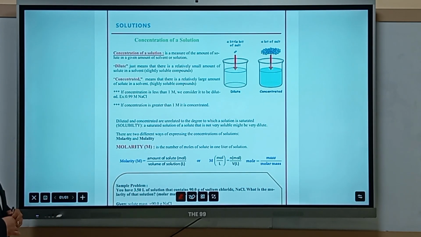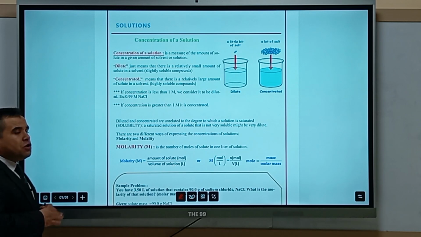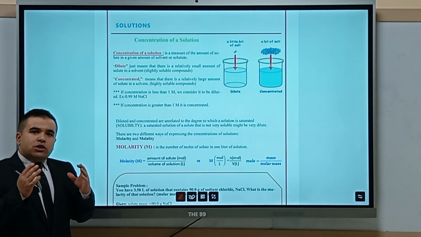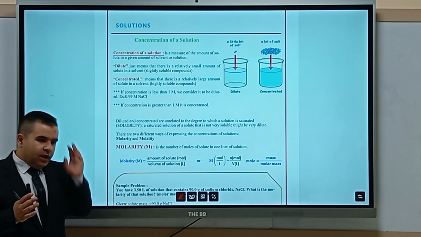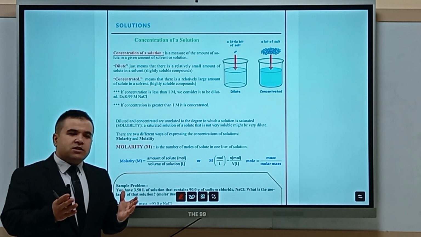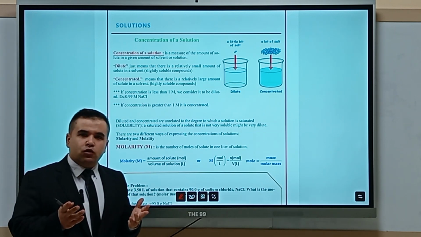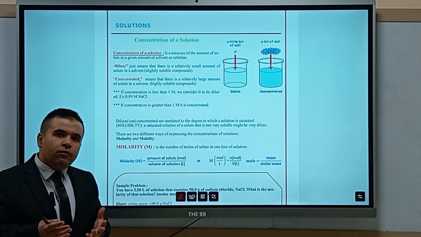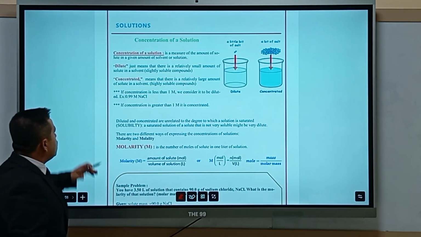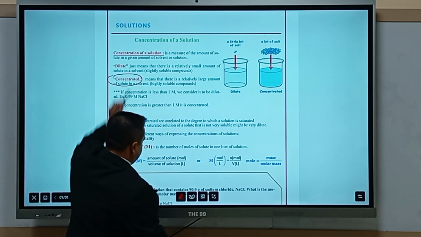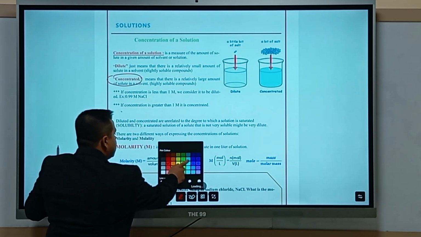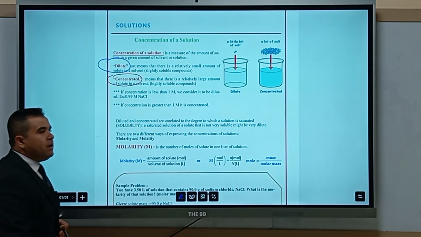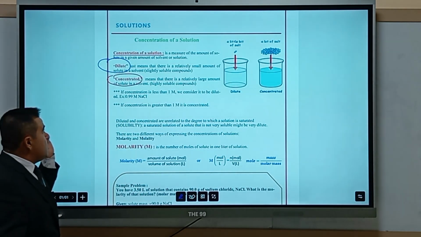So we have to introduce concentration. By concentration, we mean whenever there is a solution, it can be of 2 types: a solution which contains a high amount of solute, which we call concentrated, or a solution that contains a low amount of solute, which we call dilute.